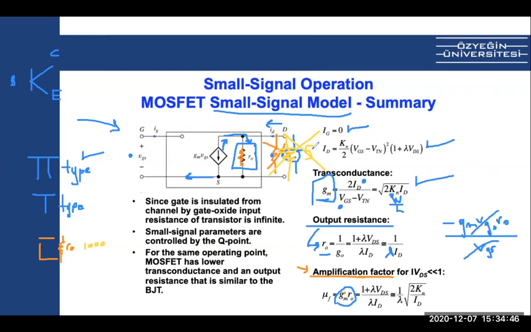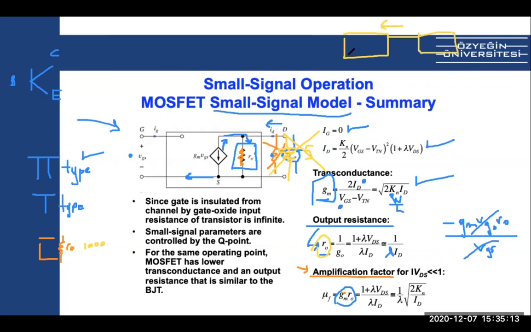But it is important because the output resistance, as you can see, is also R0. So when you connect a CMOS here to another circuit, this R0 will be your Thevenin resistance.